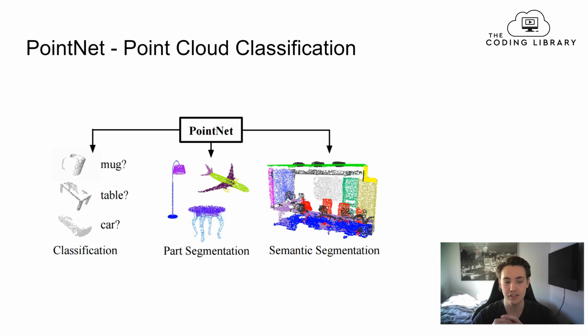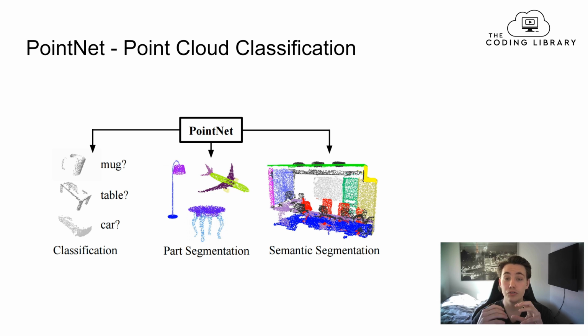For example, on the lamp, the top of the lamp is one color and the lamp stand is another color. So we can do segmentation of individual parts of objects with this PointNet as well. But in this video, we're just going to concentrate on point cloud classification, as we see over here to the left on the image.